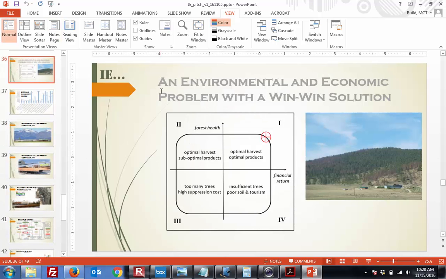Yeah, so you can think of forest health as being optimized in some way, right? So if all the trees are cut down, the forest is dead and it's not healthy. If the forest is backed up with a bunch of beetle kill, it's also not healthy.